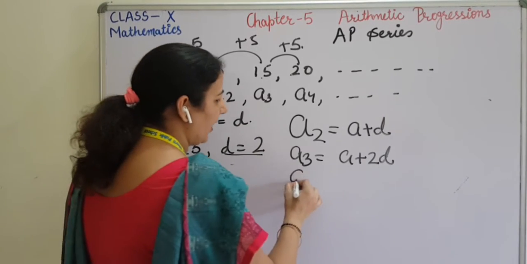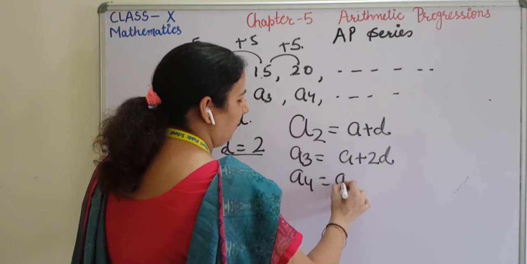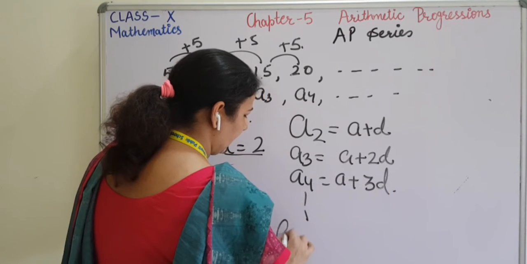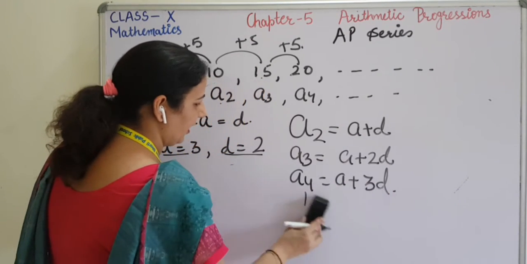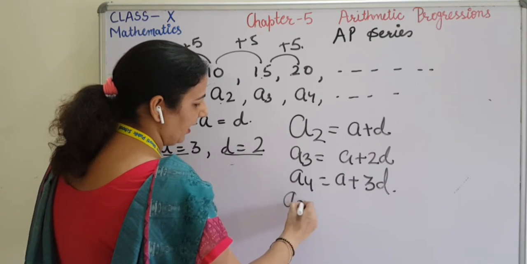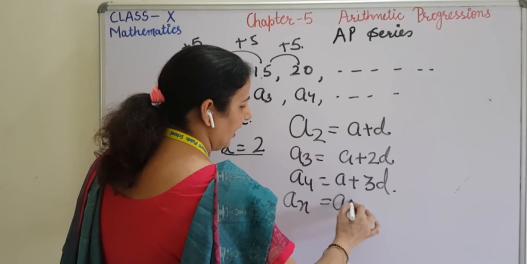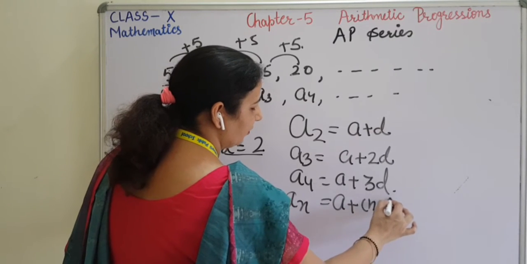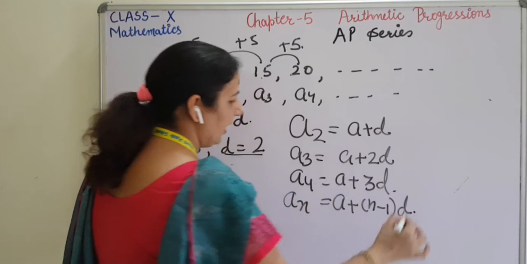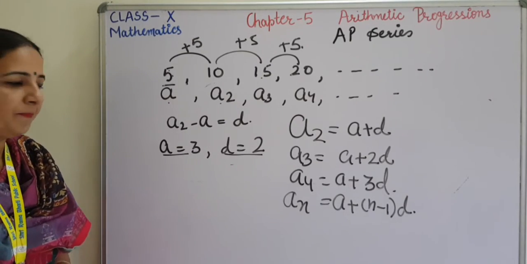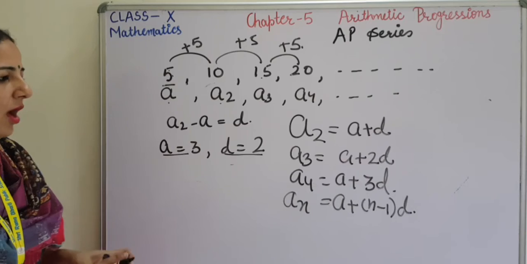And how will you calculate A4? A plus 3D. So similarly we can say that An, the nth term, can be calculated by A plus n minus 1 into D.